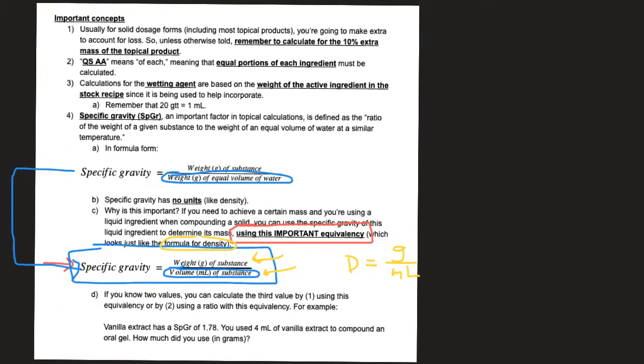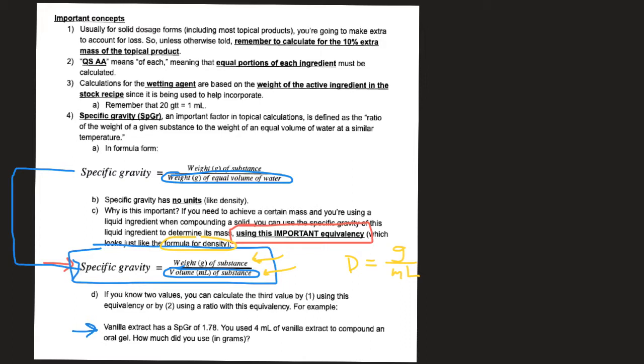So to illustrate this, the 2 methods of determining the mass, here's an example. Vanilla extract has a specific gravity of 1.78. You used 4 milliliters of vanilla extract to compound an oral gel. How much did you use in grams?